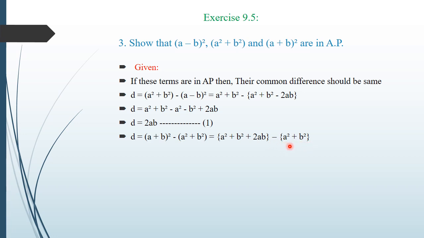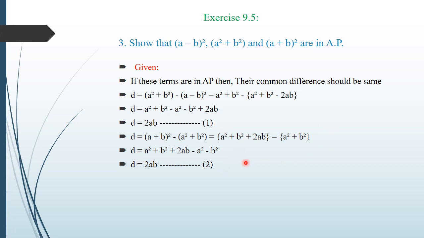Now when I open this bracket, a square plus b square plus 2ab minus a square and plus into minus, it will be minus b square here. Again here plus a square minus a square get cancelled, plus b square minus b square get cancelled. Therefore, common difference of third and second term is also going to be equal to 2ab.